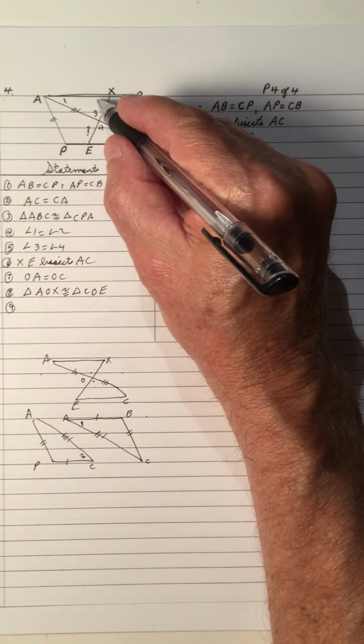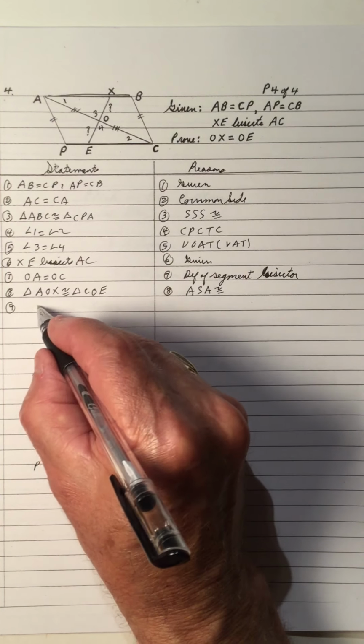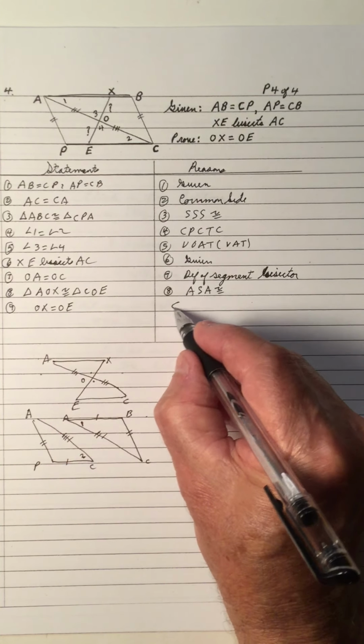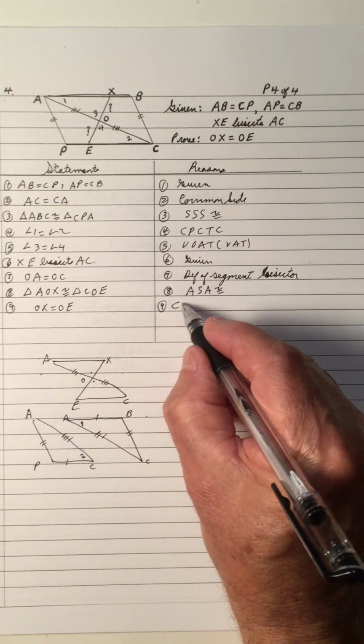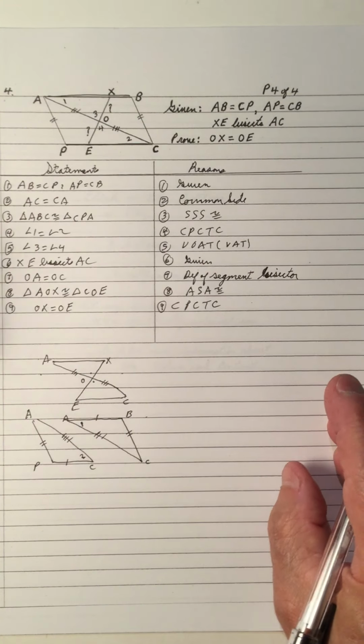And as a result of these two triangles being congruent, OX equals OE, CPCTC.